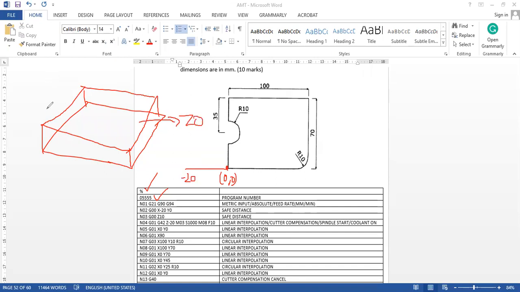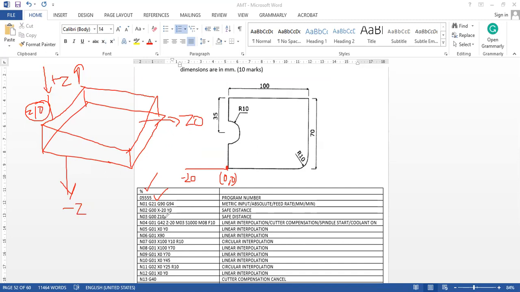Then Z10 means this distance is 10. That means the tool is somewhat like this distance. This is Z10. So positive Z means the upward direction, and in the downward direction it is negative Z. So Z0 is the top surface of the workpiece, and Z10 means safe distance.